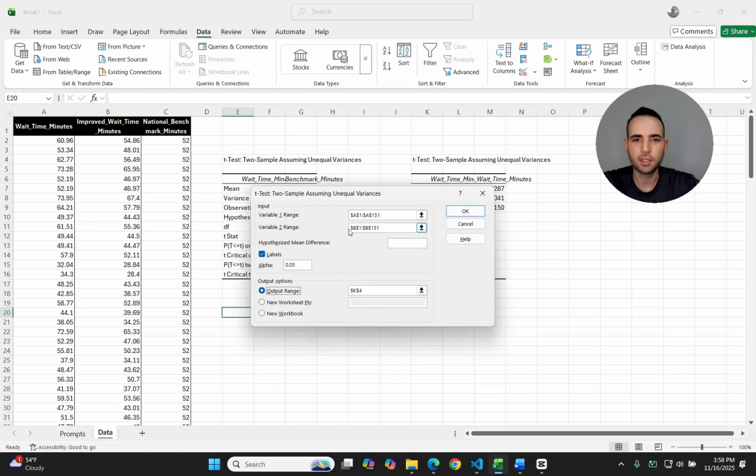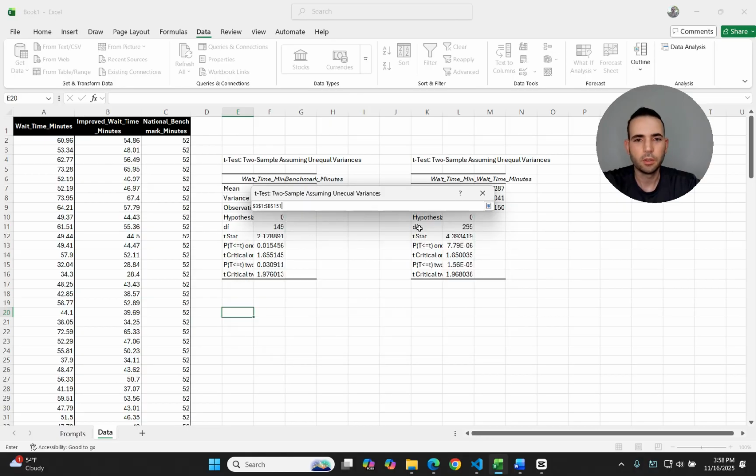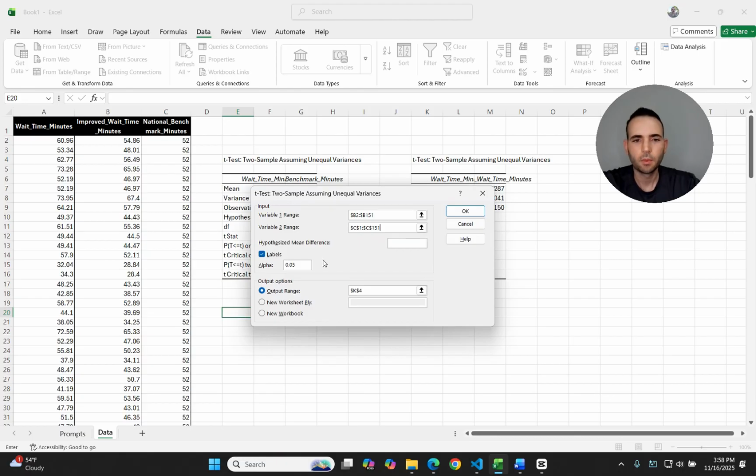So select t-test again. Now we want to compare the B column with the C column from C1 to 151. We want our output to be down here.